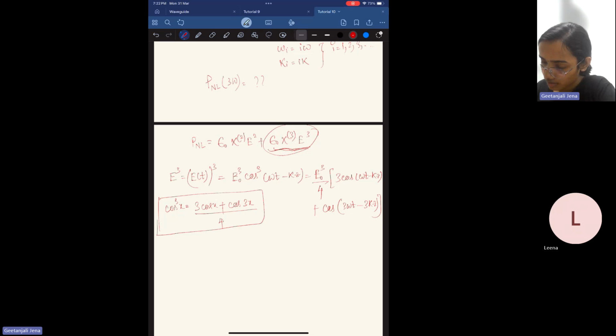So we have E cubed equal to E0 cubed by 4 times cos(3 omega t minus 3 kz). This is the third harmonic term.